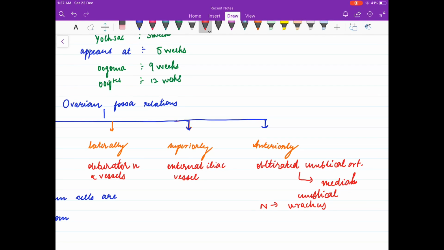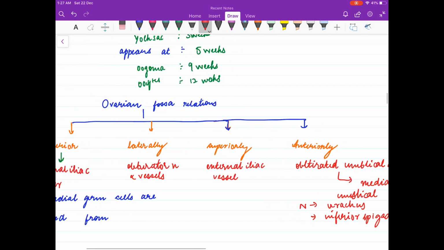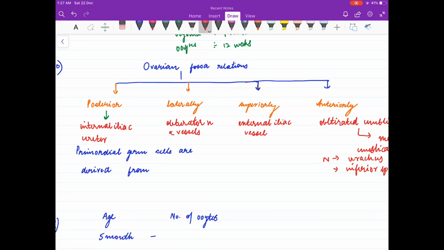Urachus. And in the lateral umbilical ligament it is inferior epigastric vessels. Primordial germ cells are derived from epiblast.